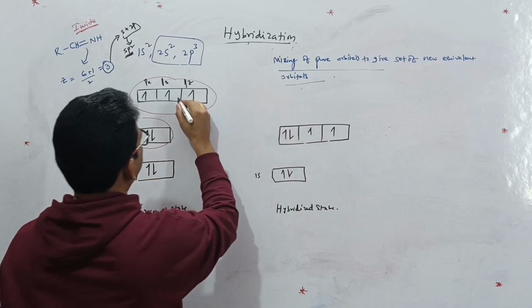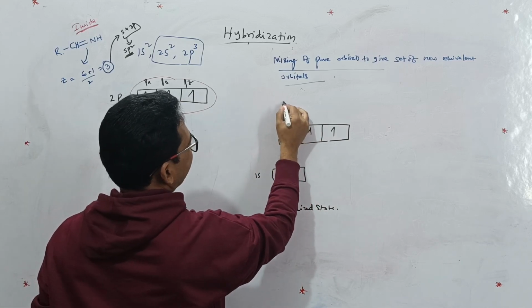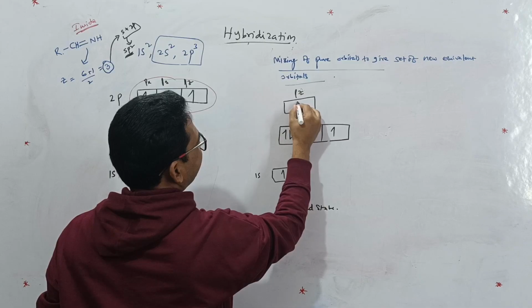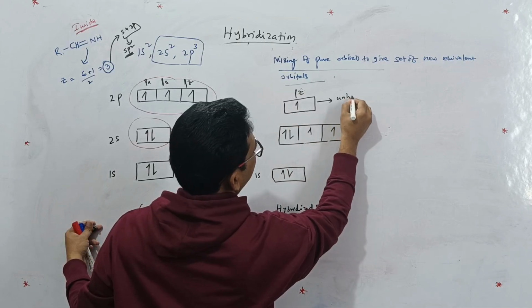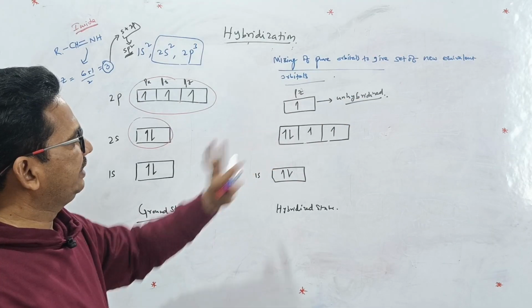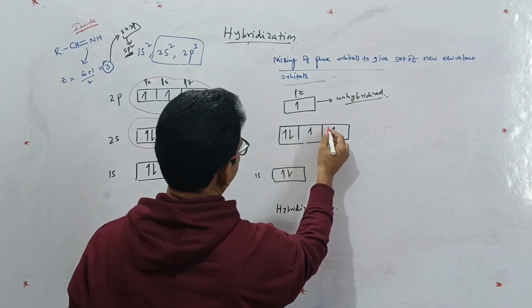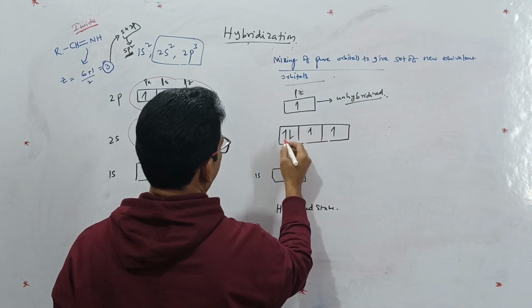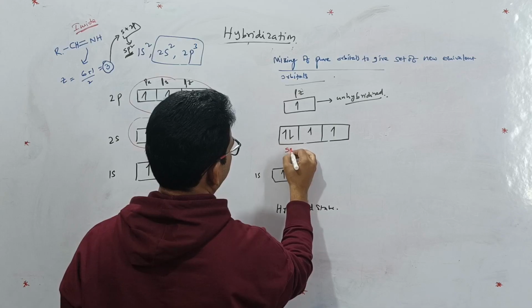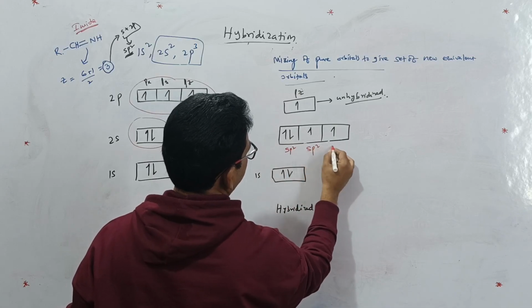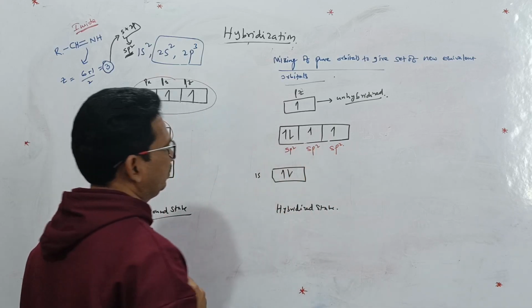And pz remains unhybridized. Only the 2p, that is px and py, along with the s, will undergo hybridization to give sp2, sp2, sp2.